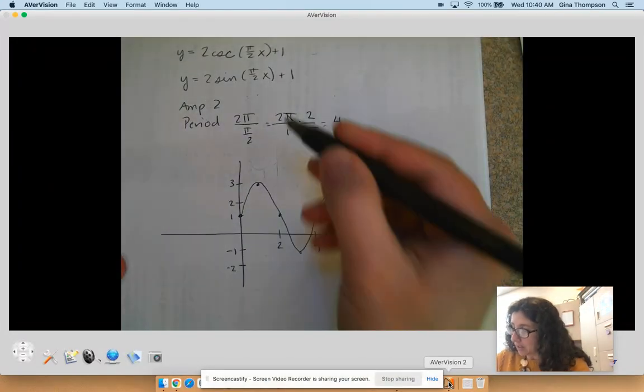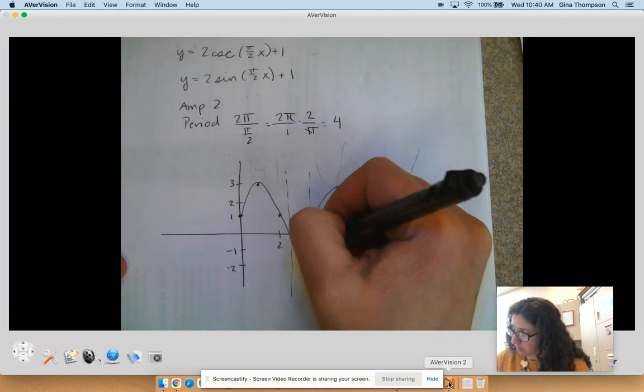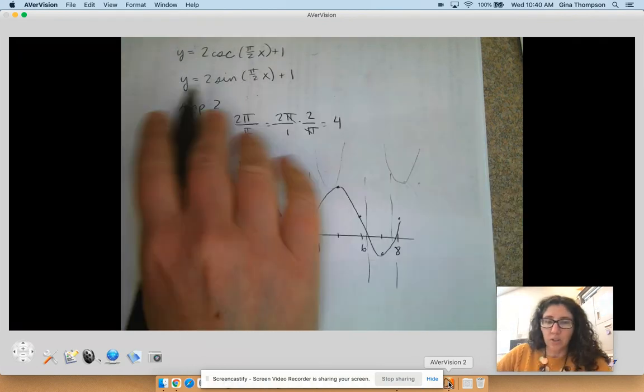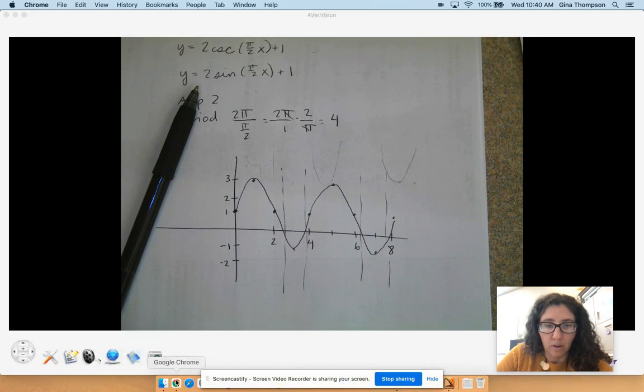All right, so this is a little bit different. Let's look at how this plays out. Let's look at their graph.